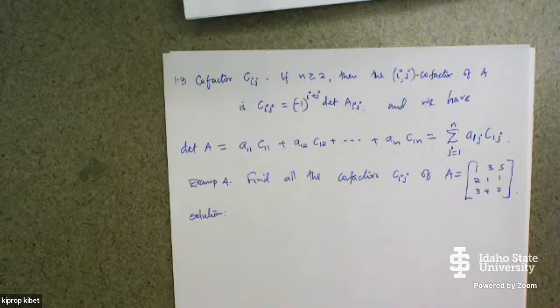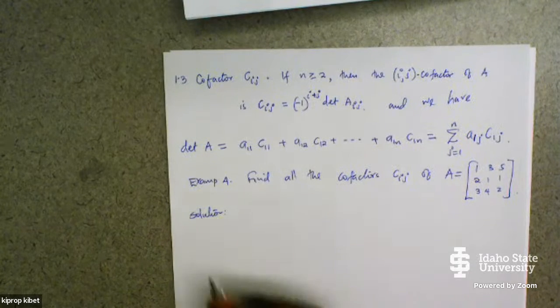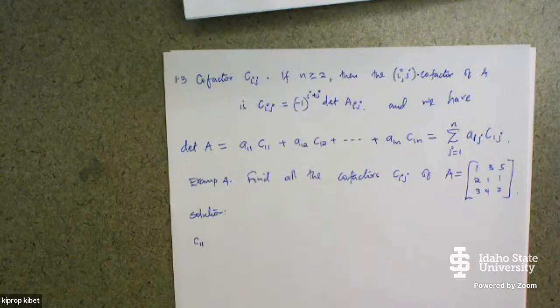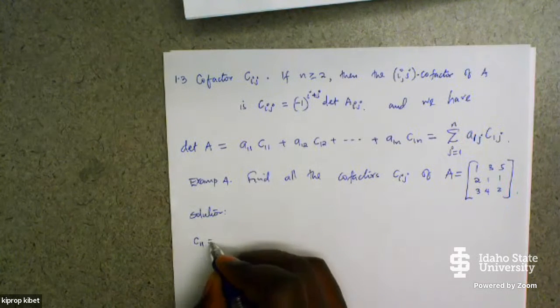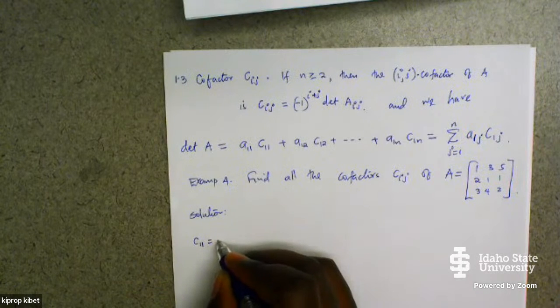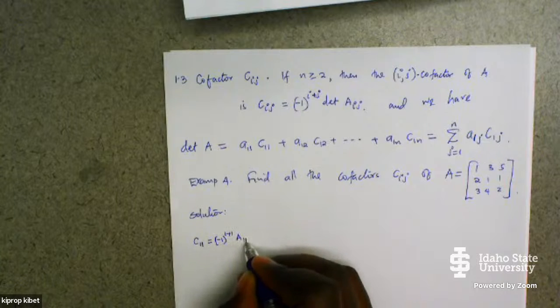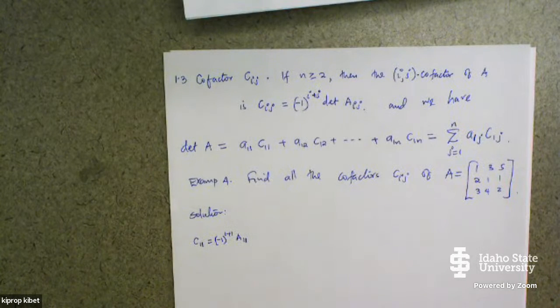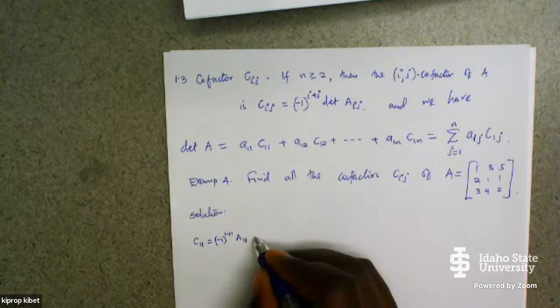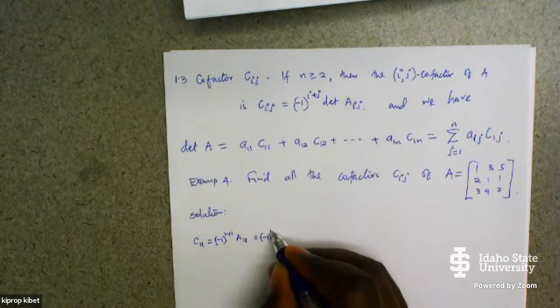So the first one is C11, and C11 is equal to (-1)^(1+1) times A11, and A11 is gotten by deleting the first row and the first column.